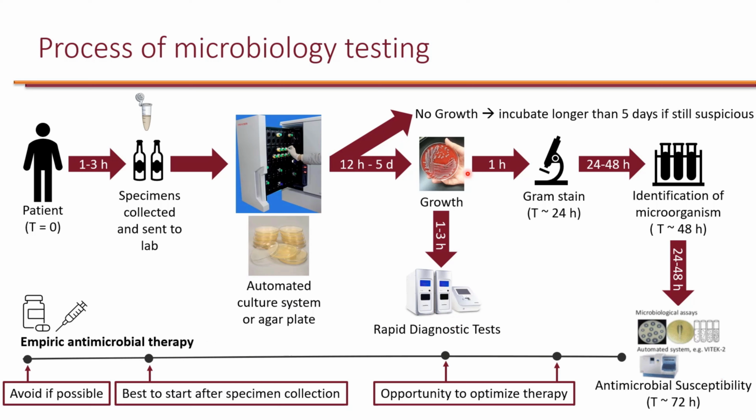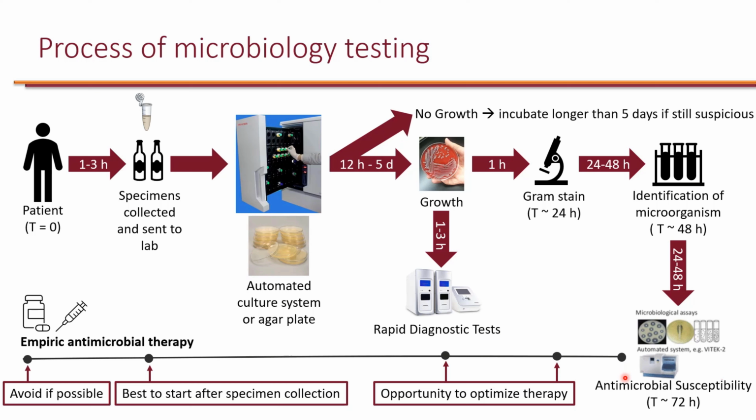And then, once we get rapid diagnostic results, that's your first opportunity to optimize treatment. Based on what you find, you may be able to change the antibiotics to have something that's better for the patient. The same with gram stain results, you can change the antibiotics.